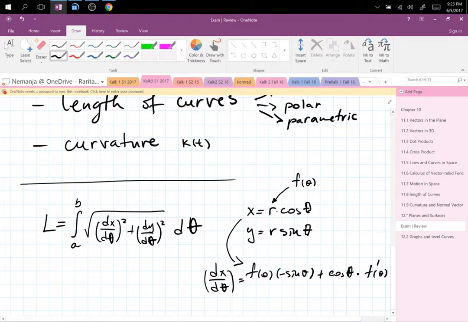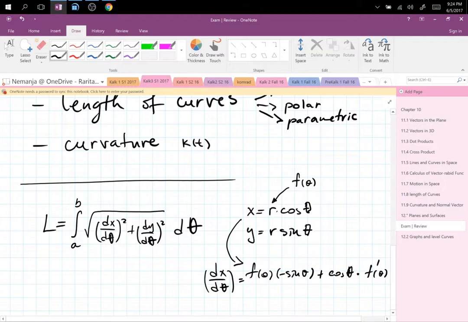Square it and plug it in. Do the same thing for dy. The algebra reduces down to the formula. That's all it is. It's a three-step manipulation with lines that are 15 lines long, because now you have to square that monster, and you will also have to do it for dy d theta, square it out again.